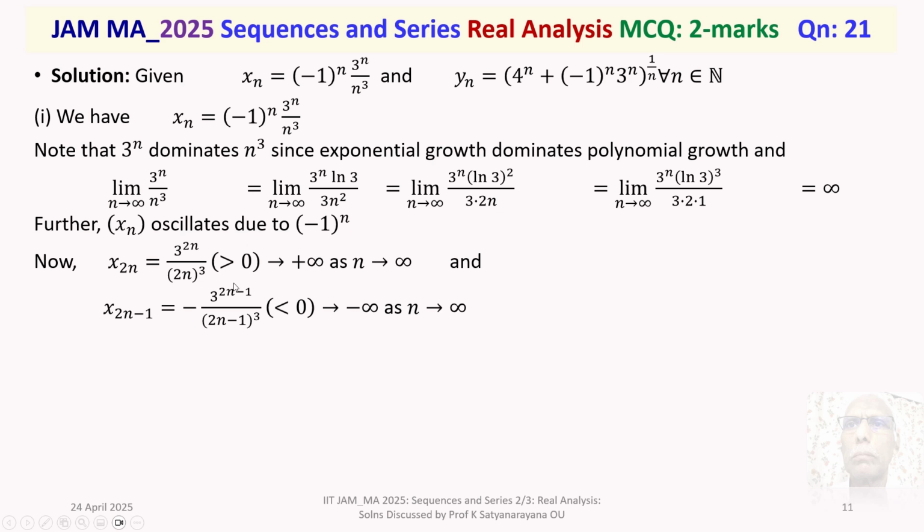So there are two subsequences, one diverging to plus infinity, the other diverging to minus infinity. Thus the sequence x_n diverges. Why? Because we have seen two subsequences which are diverging, one to plus infinity, the other to minus infinity. Therefore, the original sequence x_n diverges and oscillates rapidly.